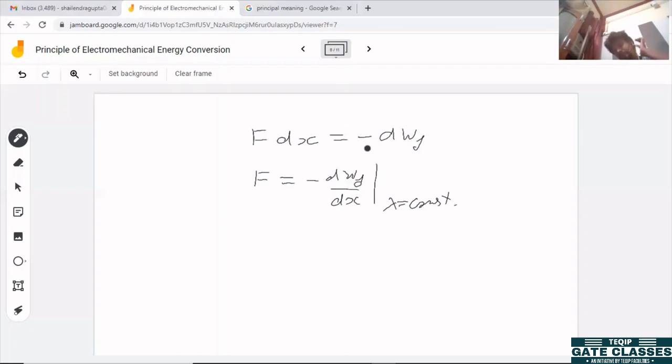So if we use this expression to calculate the force in our case, then what will it be?